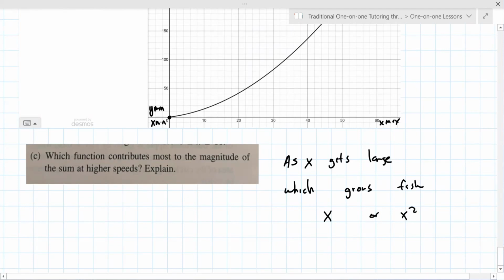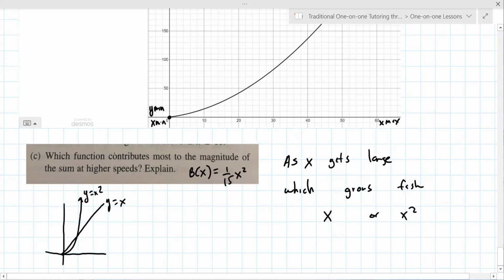Hopefully it's clear that if you put a number in for x, you just get x out. But if you put a number in for x squared, you square it and it gets very, very large, much faster. If that still isn't clear, think of what the two graphs look like. That's y equals x, and that's y equals x squared, which goes really fast compared to x. So the answer is the b of x function, which is 1/15 x squared.